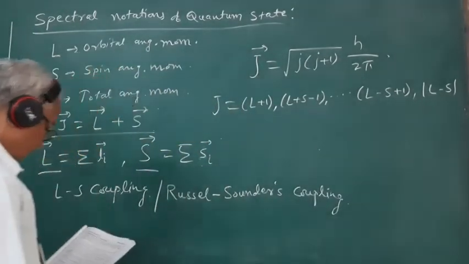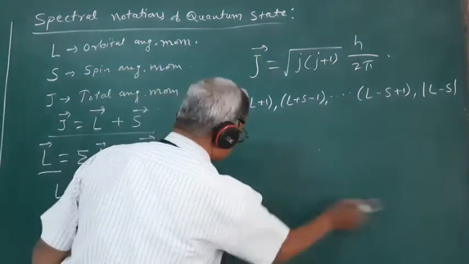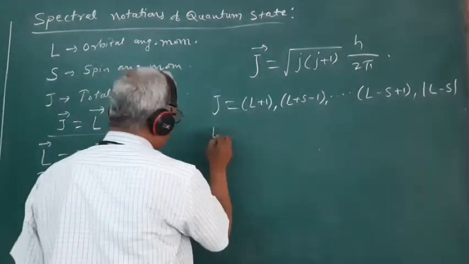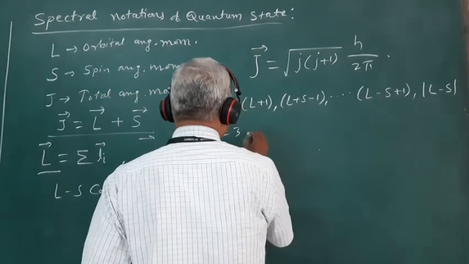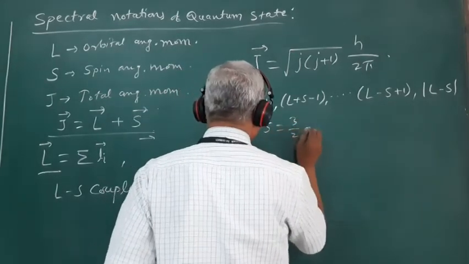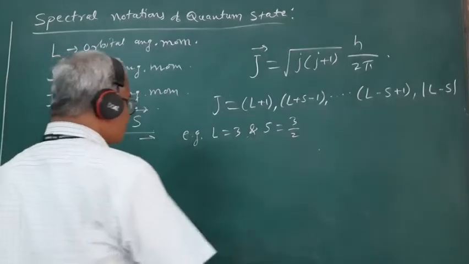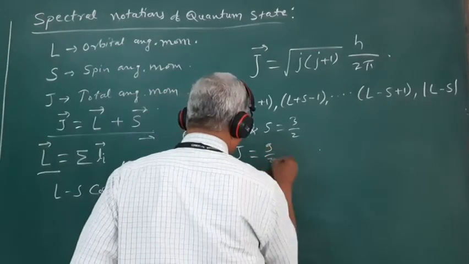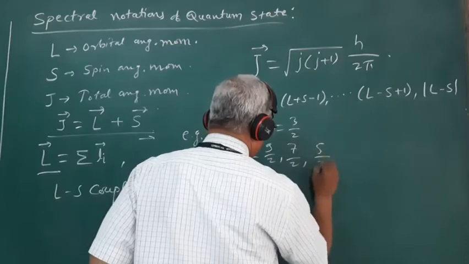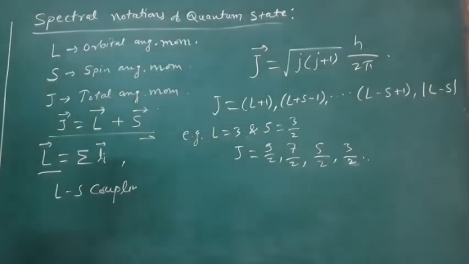So, for example, for the value of L equal to 3, and the value of S equal to 3 by 2, then we get the values of J as 9 by 2, 7 by 2, 5 by 2 and 3 by 2.